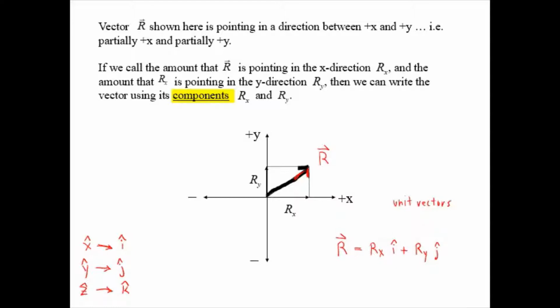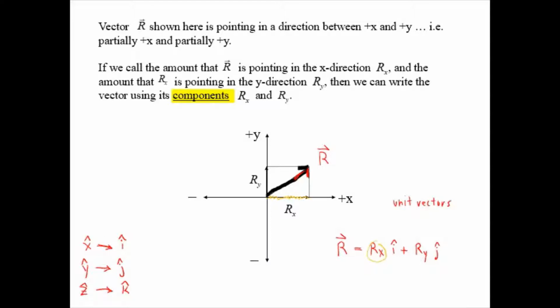So in other words, when I look at vector r, and I consider how much it's pointing in the x direction, if I imagine like a light shining down from above, the amount that vector r is pointing in the x direction is like that, as I've shown there shaded in. And so that becomes my r sub x value.